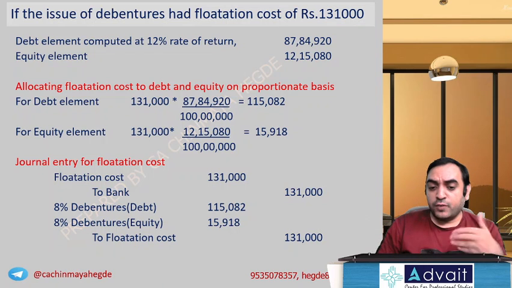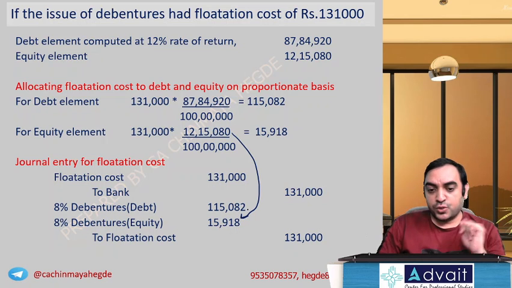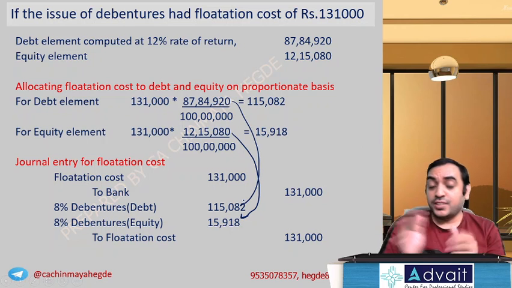Your debt component will be reduced by 1,15,082 and equity component will be reduced by 15,918. So equity component 12,15,080 minus 15,918 and debt component 87,84,920 minus 1,15,082.